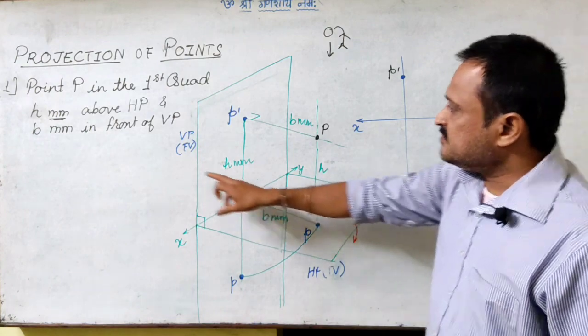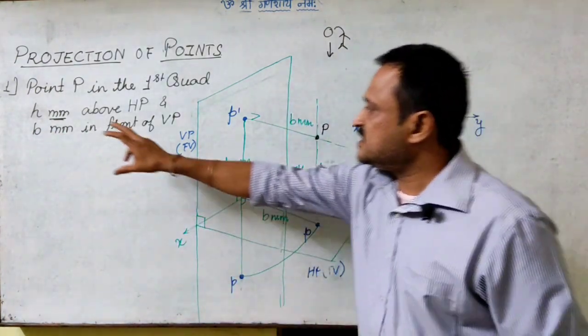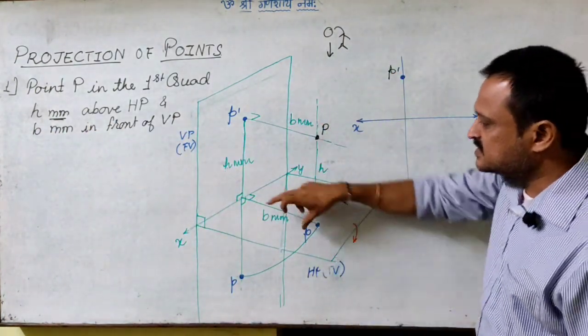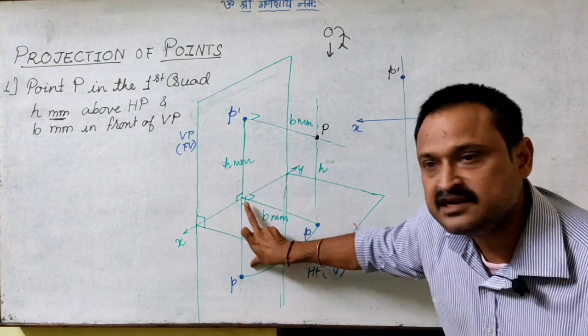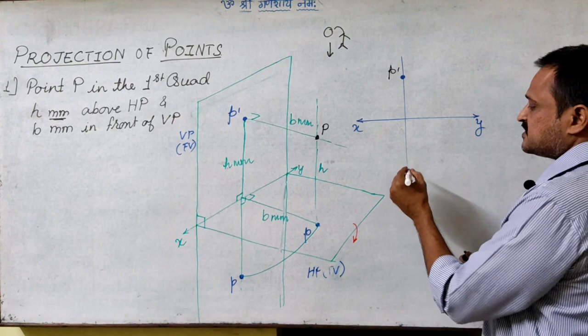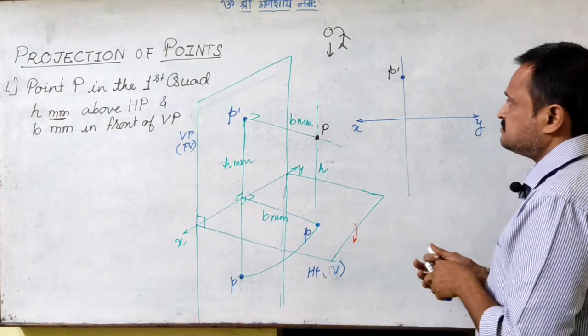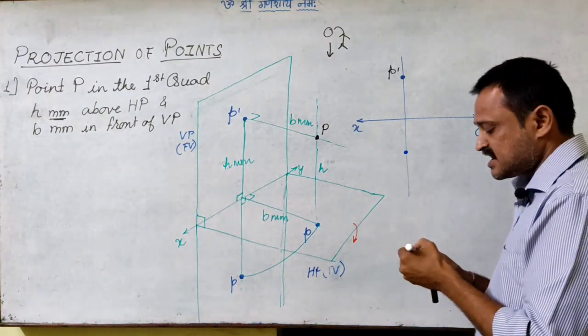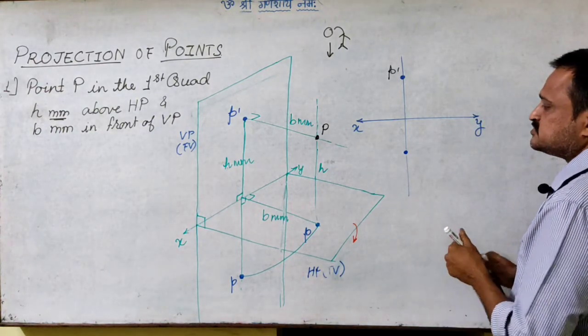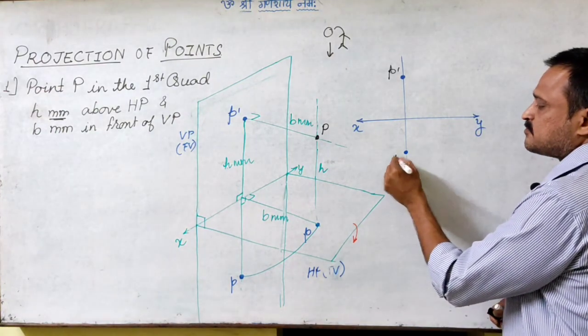Similarly, if I know what B is, I can measure that distance, and that B distance is also from the XY line. So from the XY reference line, I measure the B millimeter distance, and I get the top view image of this point as P.